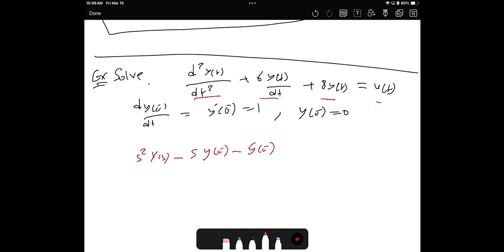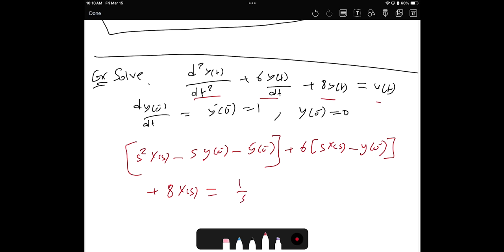Then the second term is the first derivative, so here it's 6 times s y of s, then minus y of 0 negative. Then plus 8 y of s equals, what's the other term? u of t. Not u of s, it will be what? 1 over s, right? Step function.